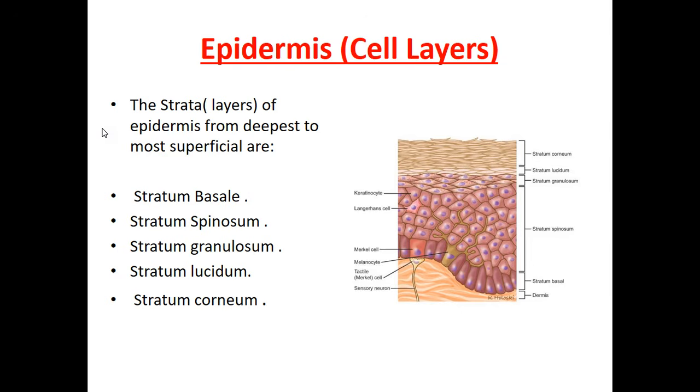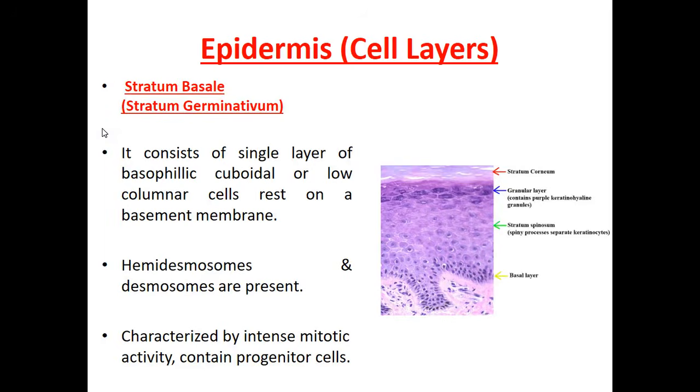Now let's see them one by one. Stratum basale consists of a single layer of basophilic cuboidal or low columnar cells resting on a basement membrane. Desmosomes are present.